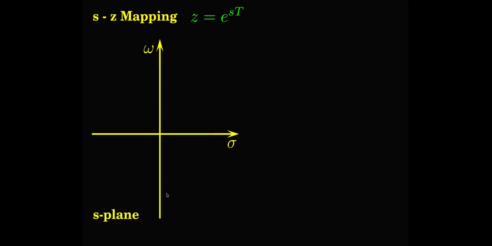And this of course is called the S plane, where S is equal to sigma plus j omega. So using that sigma plus j omega term here, we get z is equal to e to the power of sigma plus j omega into T, sampling time T. So this is what we will use for doing the mapping between the two planes.